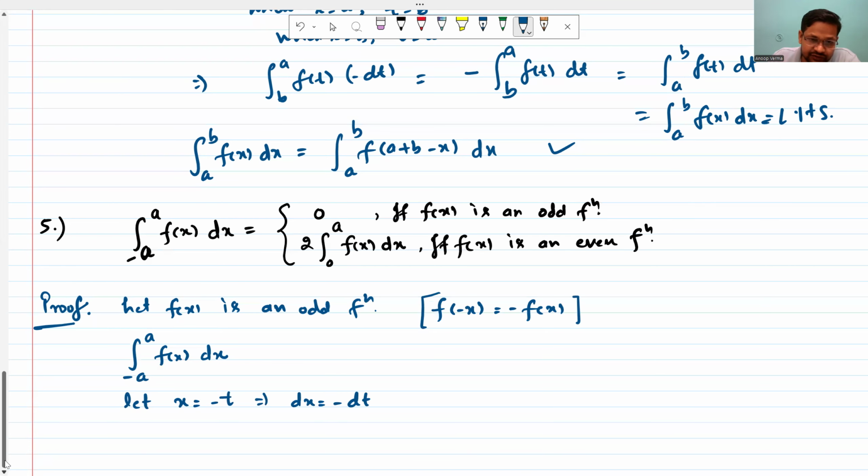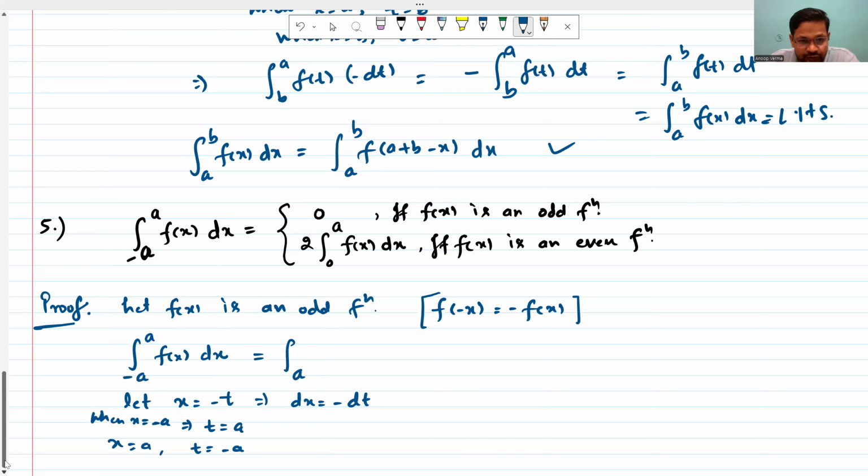So when x is equal to minus a, this implies t will be equal to a, and when x is equal to a, then t will be equal to minus a. So when x equals minus a, then t will be plus a.